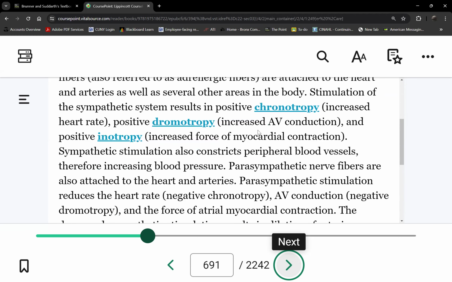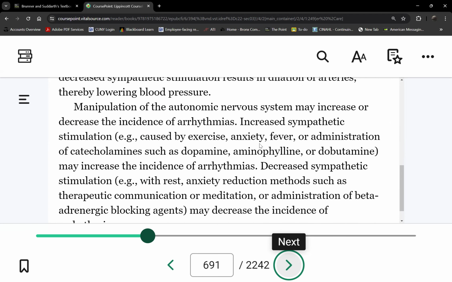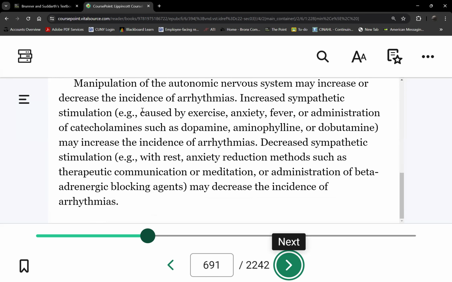It's all about sympathetic and parasympathetic stimulation. As these hormones, the catecholamines, are released into your bloodstream, they affect heart rate. Other factors that will affect it are exercise, anxiety, or medications such as those mentioned here. They have different effects on the contractility as well as the rate of your heartbeats.